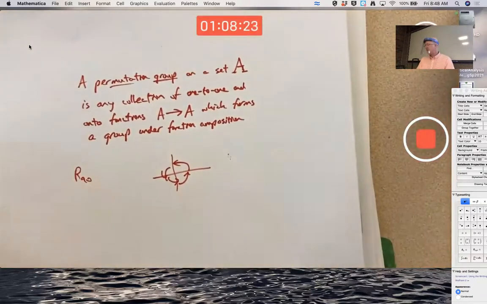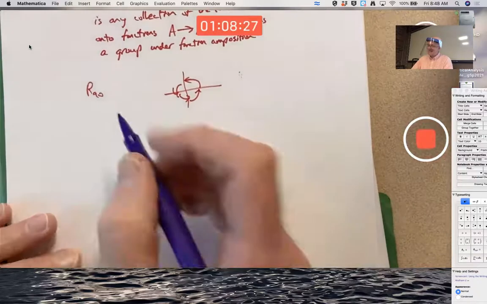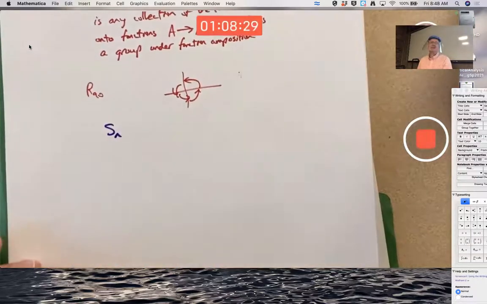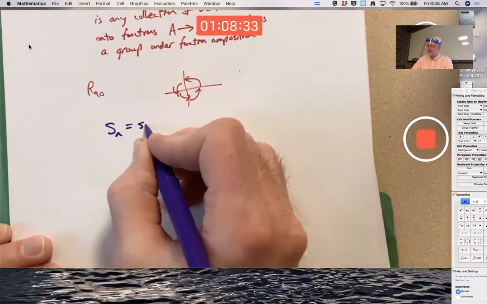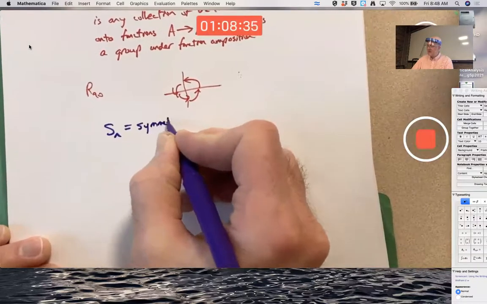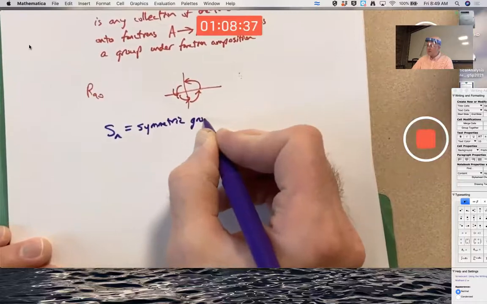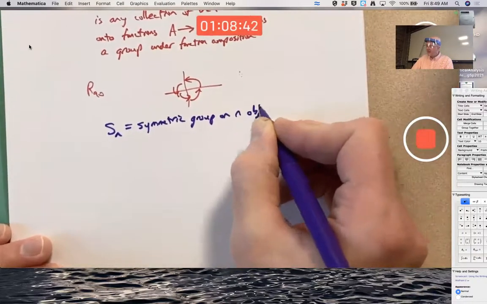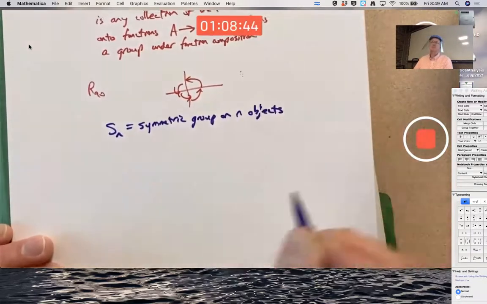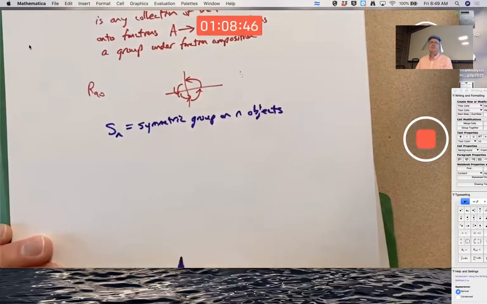But our main example in chapter 5 has a special symbol, S sub n, and a special name, the symmetric group on n objects. That really can be any n objects. It could even be a set of people, for example.